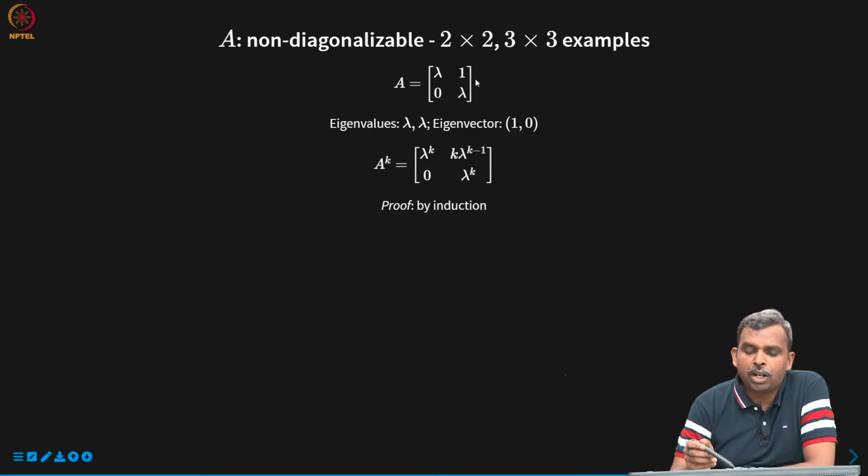Okay. So, you might argue, what about other 2 by 2 cases which are non-diagonalizable? It turns out this is a very typical case for 2 by 2 when it is non-diagonalizable. There is no other case really. See, the two eigenvalues have to be the same. So, you know that I can make A into an upper triangular matrix with lambda here, and then this value, can it be something else? Not really. If you think about it, you can adjust so that it becomes 1.